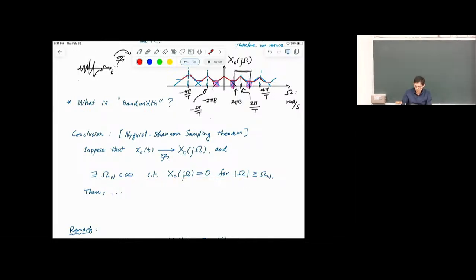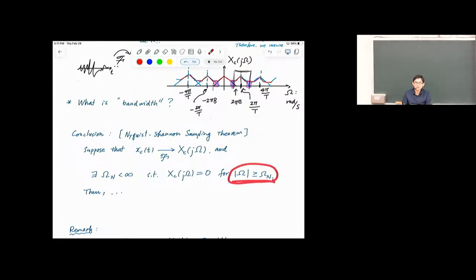Suppose there exists a finite angular frequency denoted as omega n, not infinity, such that our spectrum is equal to 0 at any higher frequency.